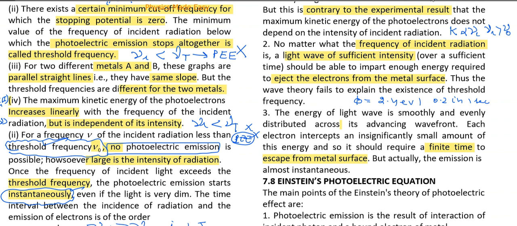It means after how much time emission will take place depends on the energy stored by the electron that it got from the incident radiation. So this was the concept of wave theory, and it has been rightly observed. As I have just given you an example, you can experiment it.